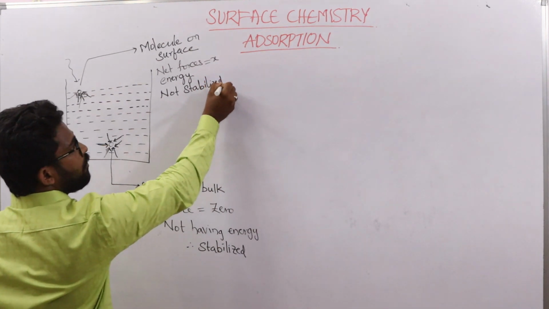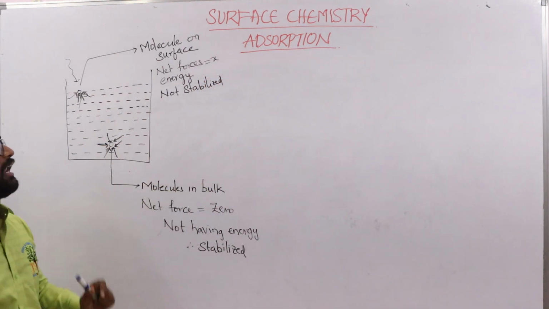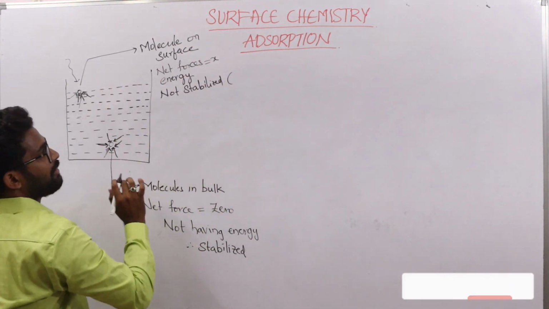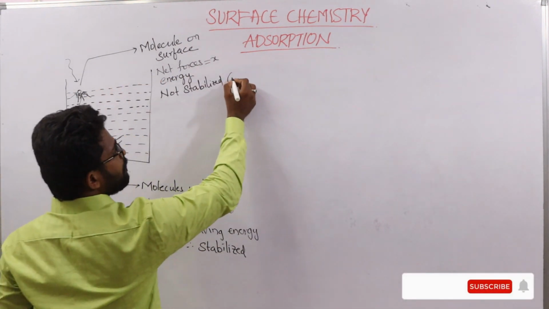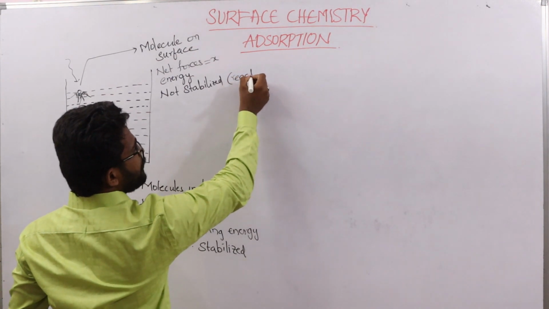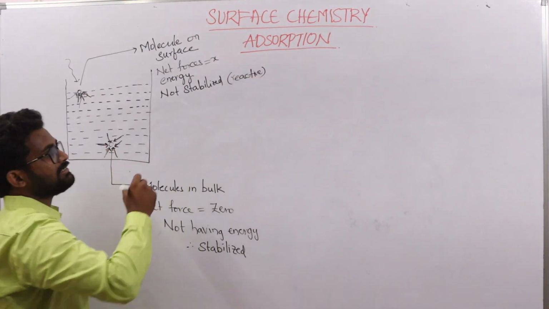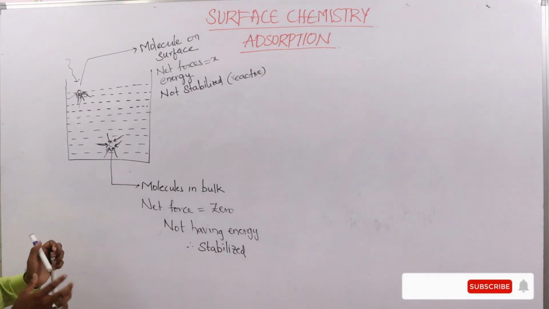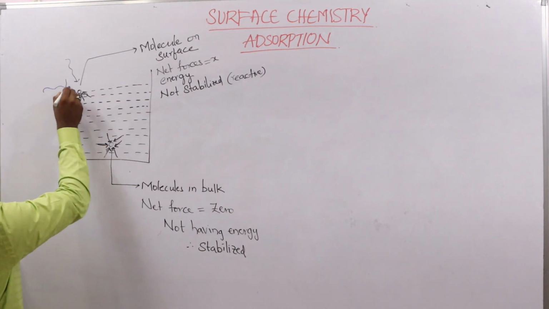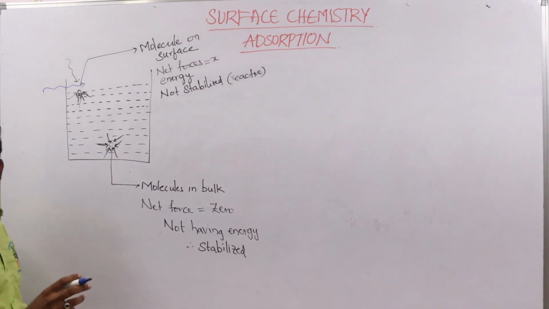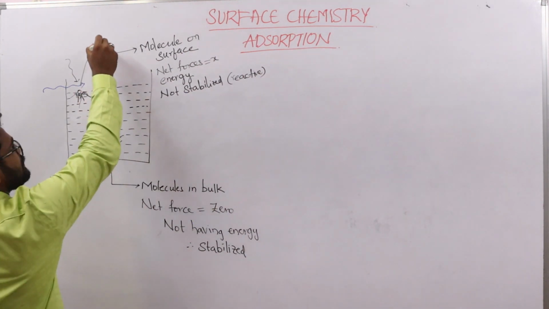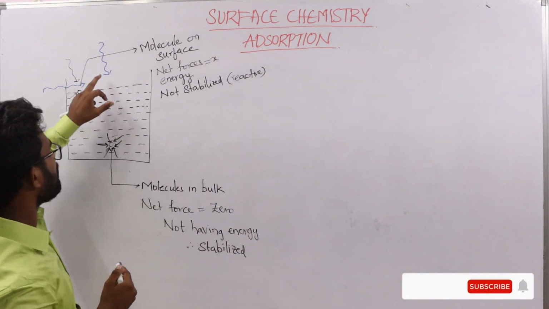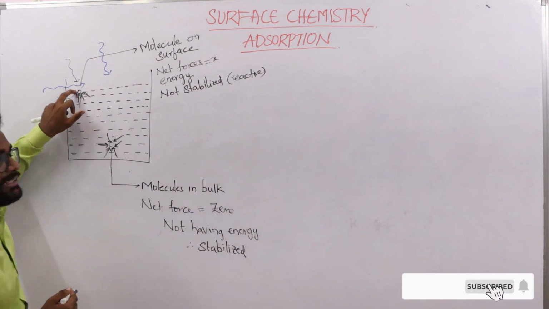As it is not stabilized, the molecule present on the surface of the liquid or any medium is reactive. Whenever some molecules are floating on this medium, or we are pressurizing some molecules onto this medium, the different molecules react.